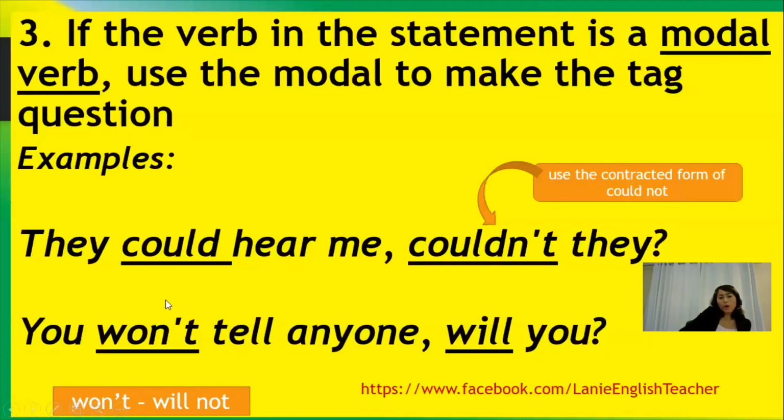So won't. Now, in your tag question, make it positive. So from will not or won't, it will become will in the tag question. So just copy the subject, which is the pronoun you, and it will become will you. Again, you won't tell anyone, will you?